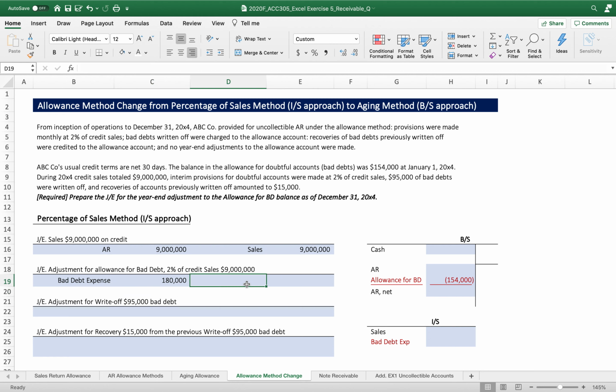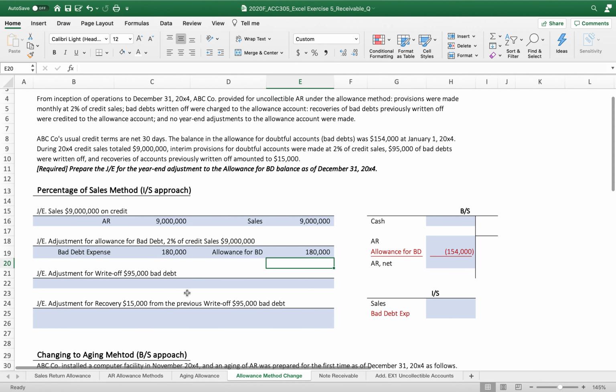Also, we need to reduce the account receivable value with the contra account of allowance for uncollectible account, bad debt. So it's also the same, times 2%.